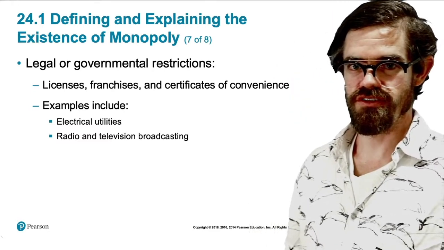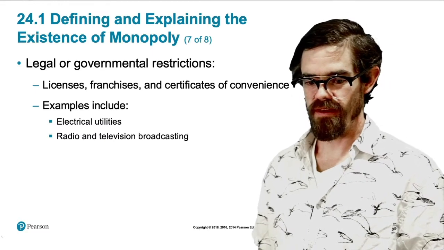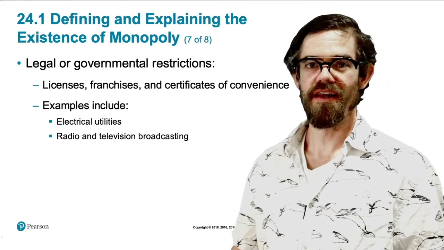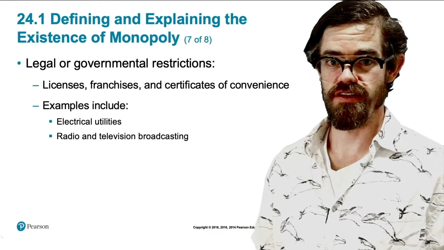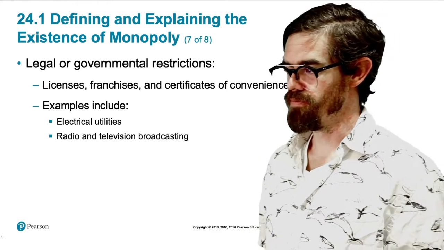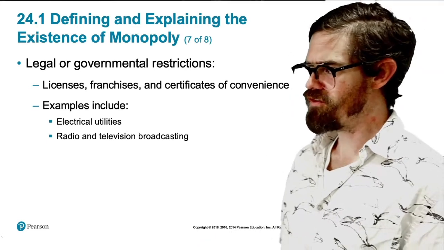Plumbers and electricians often have to be licensed. And so it's basically providing some level of proof that they can produce the work in a safe and correct manner. But this does provide a barrier to entry for other people.